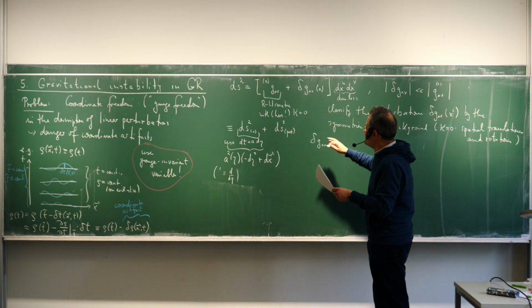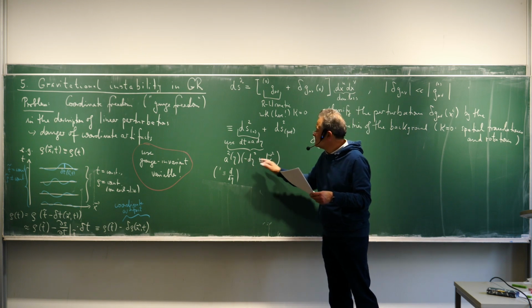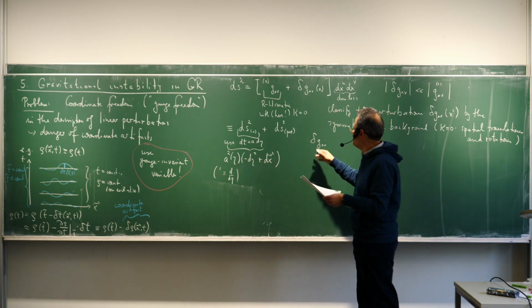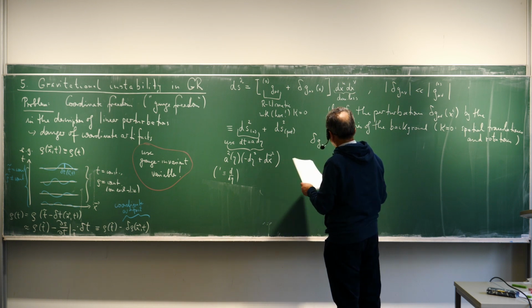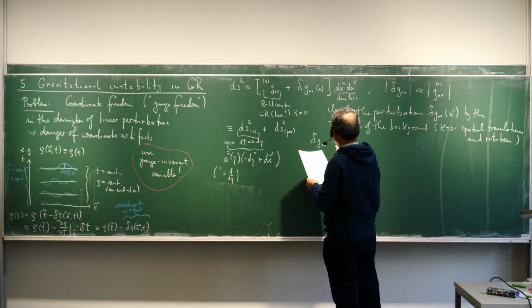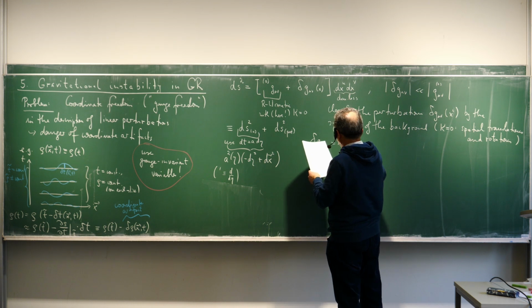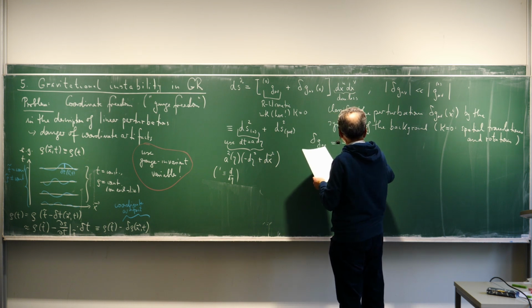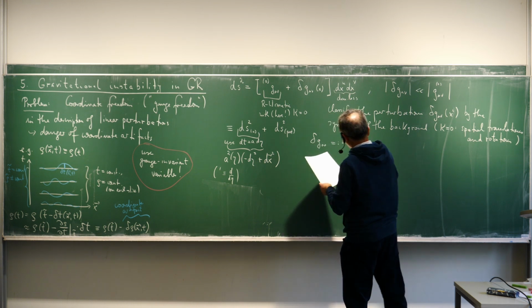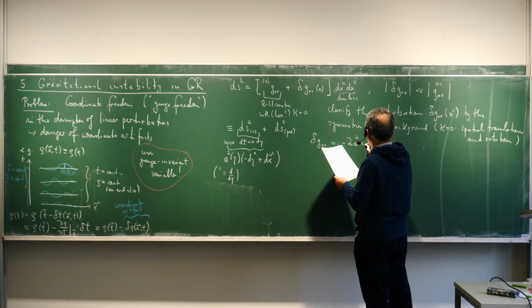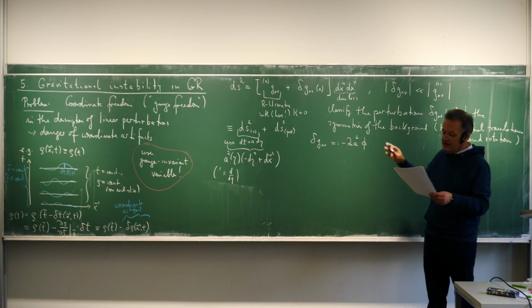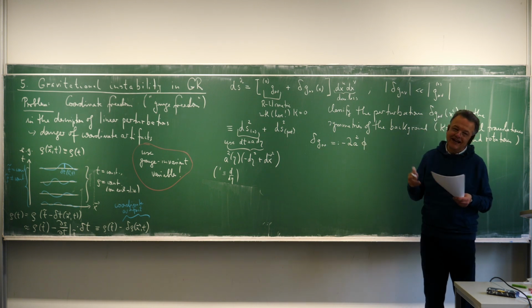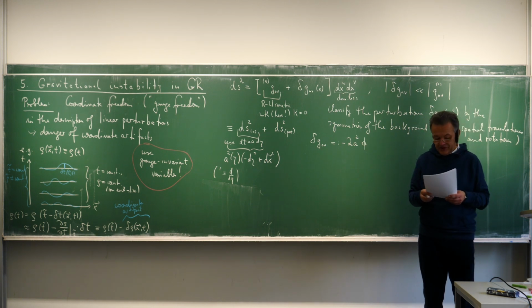Now, because time and space are somehow separated, this is also reflected in the notation for the delta g. So delta g 0 0, we make the following: minus 2a squared. So we extract the scale factor squared and define a phi, which is analogous to the Newtonian potential.